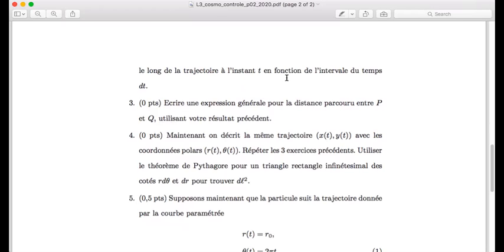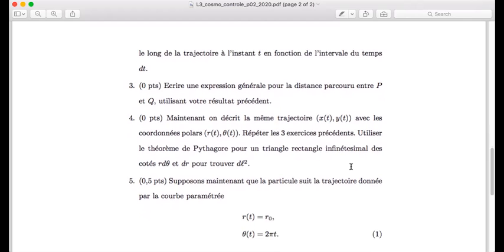On the right-hand side, it would be the integral of the square root of, if you like, vx squared plus vy squared, or x dot squared plus y dot squared, however you want to write the two velocity components, both under the square root sign, times dt, and you're integrating that from the coordinate time at P to the coordinate time at Q. So from tP to tQ, if you like.